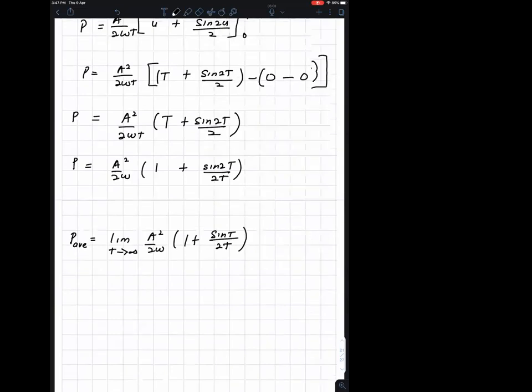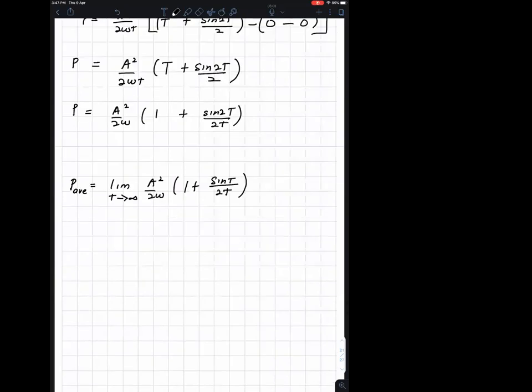When T goes to infinity, I've already told you that it is not going to, let me rewrite this.